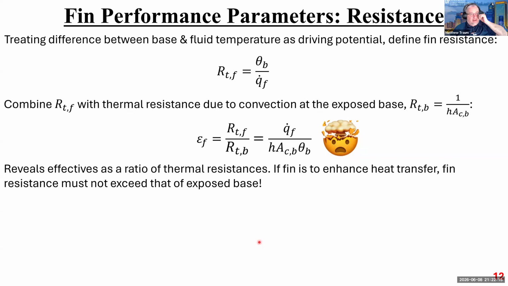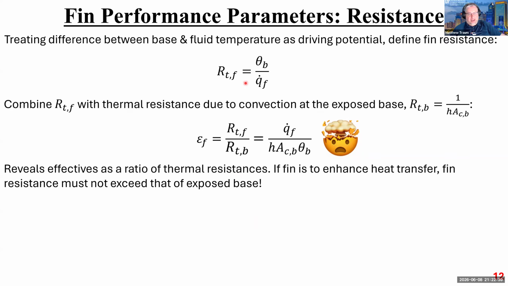All of that boiled down to the fact that you could come up with an equivalent resistance, and for your composite wall you can use all of your skills for resistances in series and resistances in parallel from your circuits class. So wouldn't it be super convenient to be able to represent the heat transfer from a fin using an equivalent resistance? Why, yes, it would.